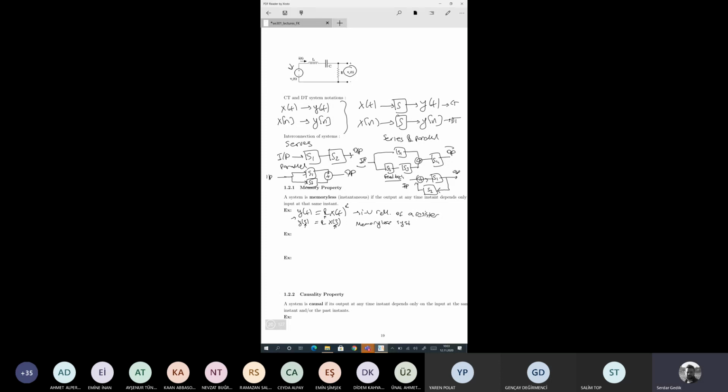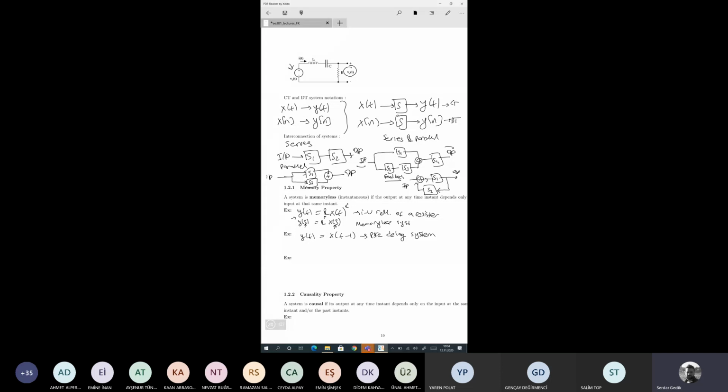Well, as another example, let's assume I have y of t, which is equal to x of t minus 1. This is a pure delay system. So what does it do? Simply, the input is delayed at the output.